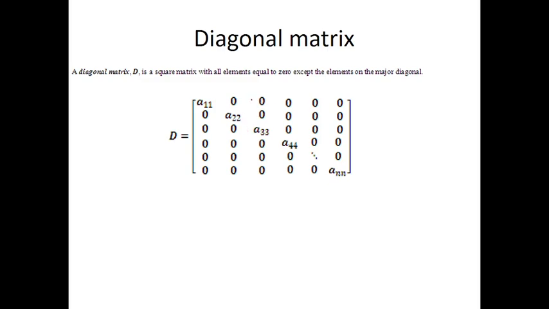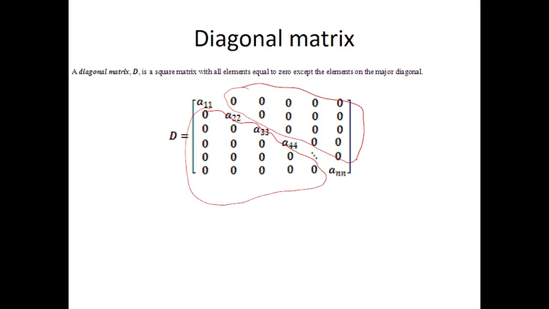So above the major diagonal, all are zeros. Below, all are zeros. Provided this should be a square matrix. First criterion, it should be a square matrix.